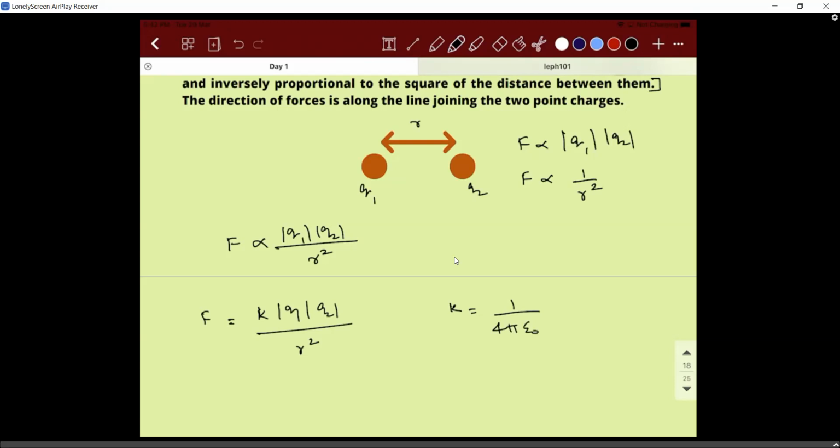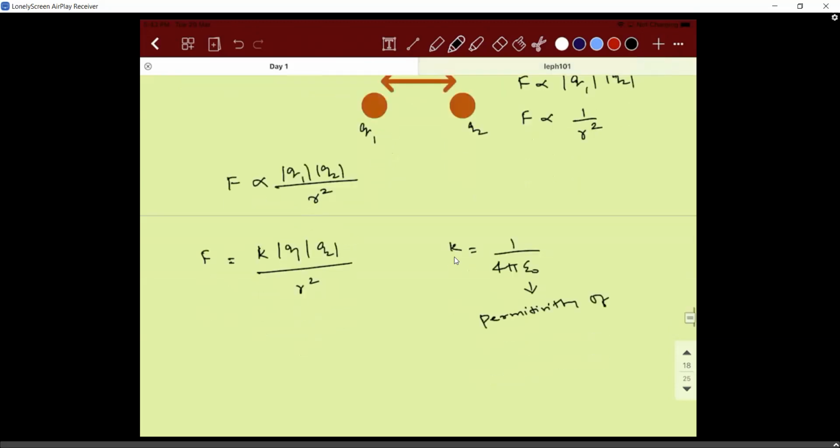Where this epsilon naught is called the permittivity of free space. What do I mean by free space here? Free space is vacuum. So this value is almost close to that of air also. I'll come to that point.